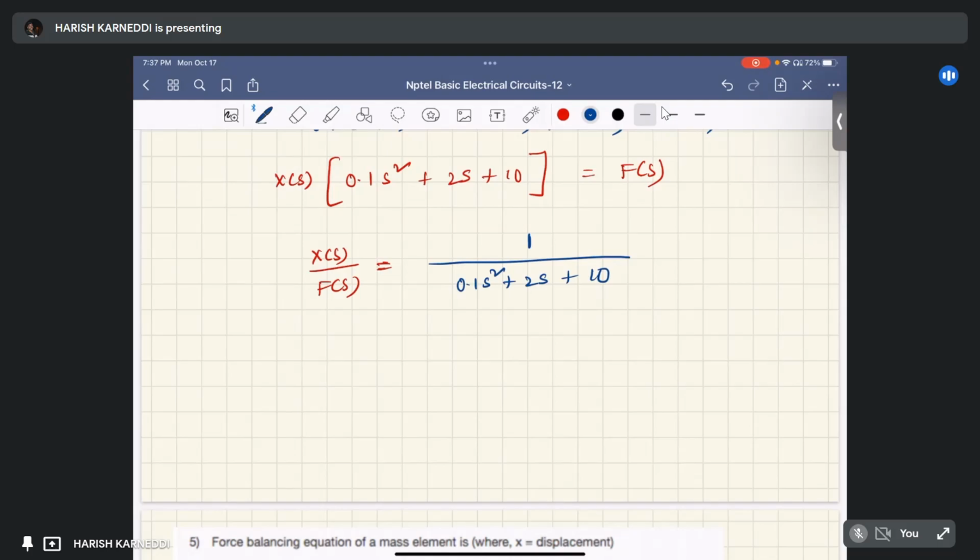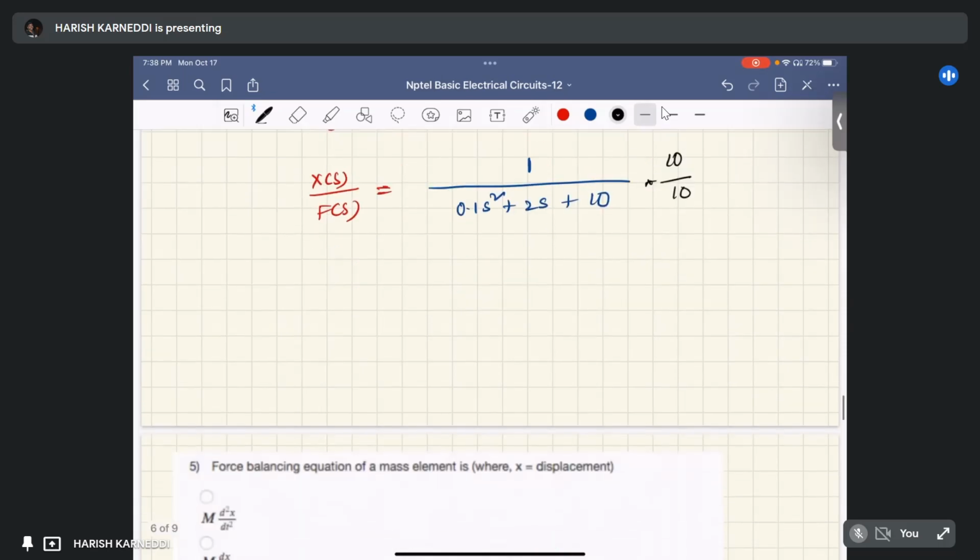There is a fraction of 0.1. To eliminate this, we multiply with 10 on numerator and denominator. So the numerator becomes 1 into 10, it is 10, and 0.1 into 10 is 1, so s², and 2 into 10 is 20s, and 10 into 10 is 100.